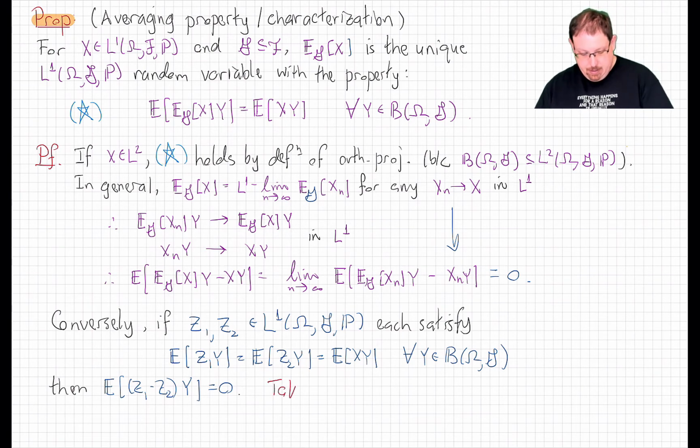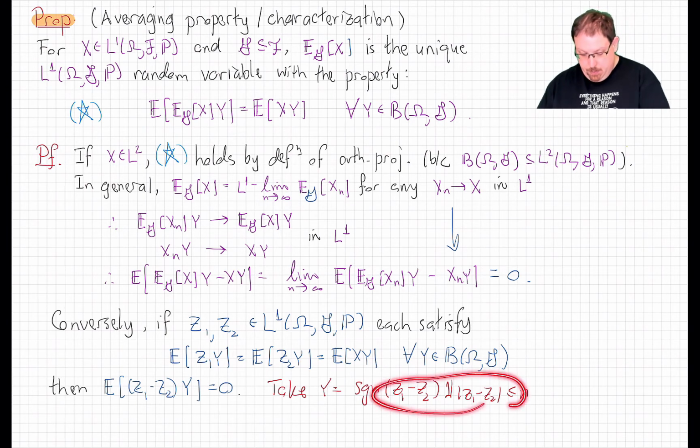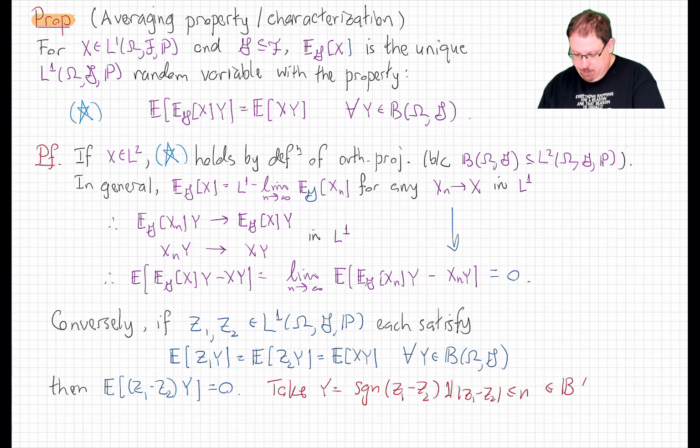If we take y to be the signum of z1 minus z2 times the indicator of the set where the absolute value of z1 minus z2 is less than or equal to n. This is a function of z1 minus z2 and is therefore g-measurable. It's also bounded because of this cutoff, and so this is a bounded g-measurable function.